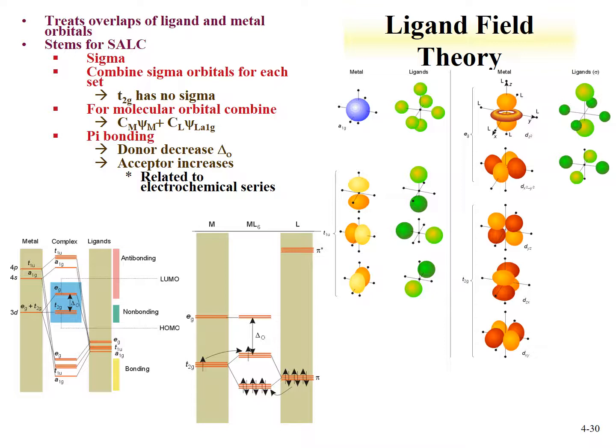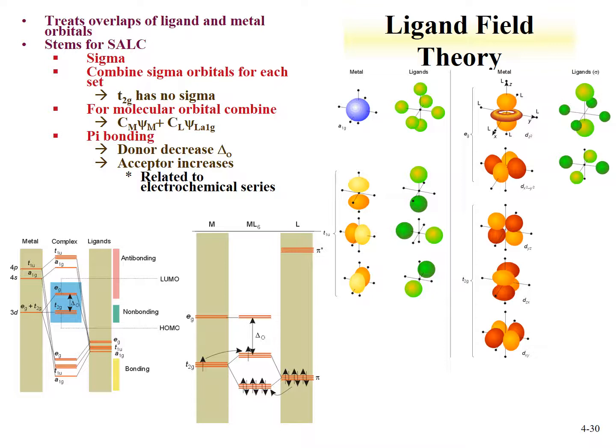An example of the symmetry adapted linear combinations for some metal and ligand interactions are presented here. What this shows are the molecular orbitals that are formed from the atomic orbitals of the metals and the ligands, and how they would split from the metals forming this Eg, T2g, which ligand orbitals and which metal orbitals overlap to form the bonds.